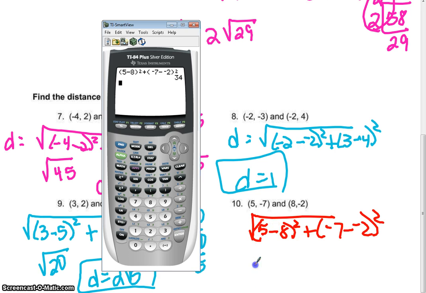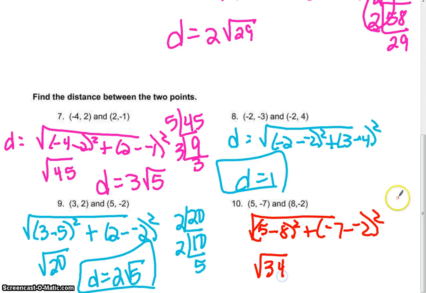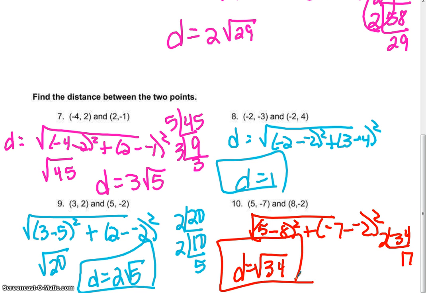So we have the square root of 34, and if you come over here and say 34 divided by 2 is 17, it won't break down, and so your distance is equal to the square root of 34.